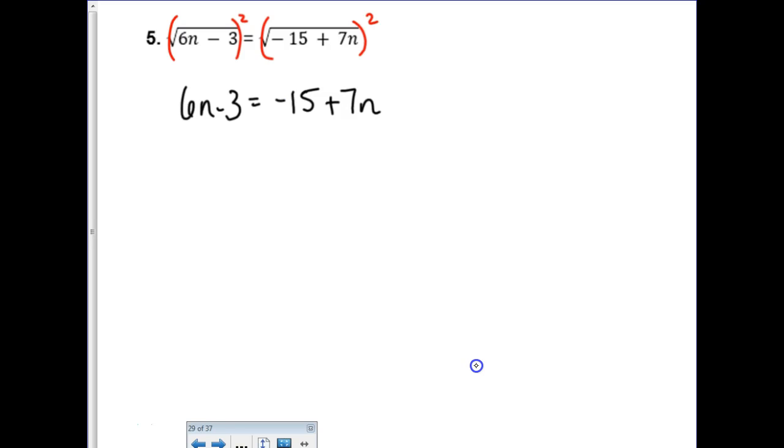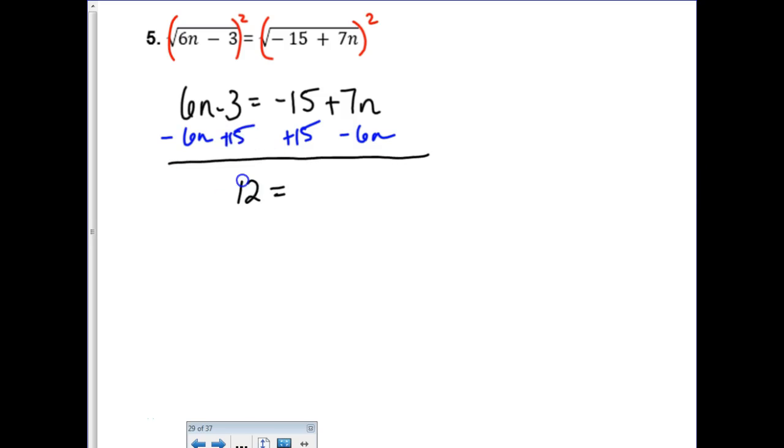That produced a linear equation, so you're just going to solve it like normal. Did you get n equals 12? Okay. And then in true Algebra 2 fashion, kids get really excited about their answer. They box it in and then they walk away, but now we know that we have to check our answer.